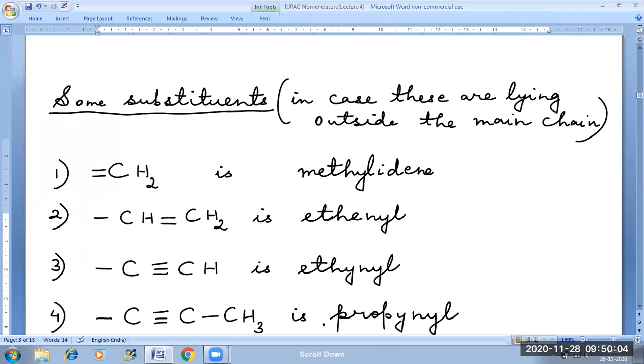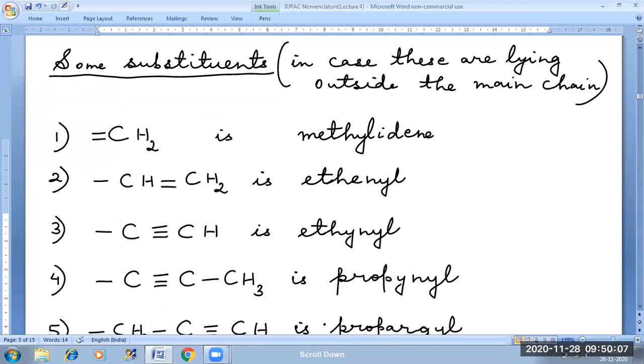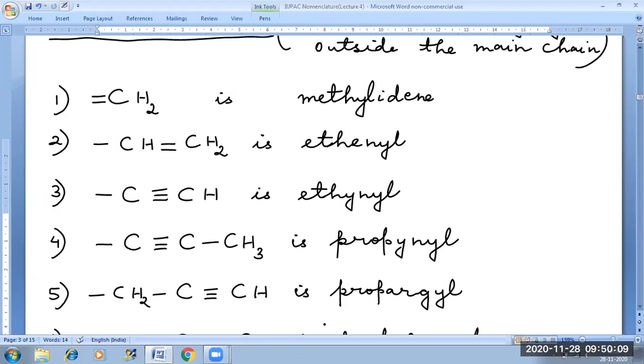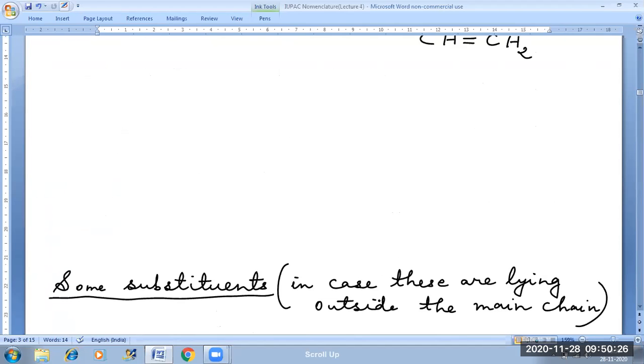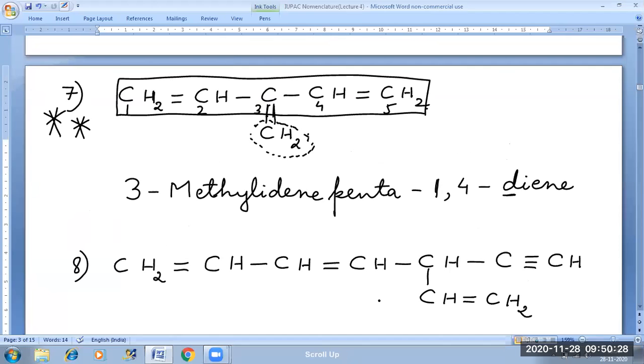See, here I have written some common substituents that you have to know. The first one is what we have used just now, methylidene, double bond CH2. So 3-methylidenepenta-1,4-diene.